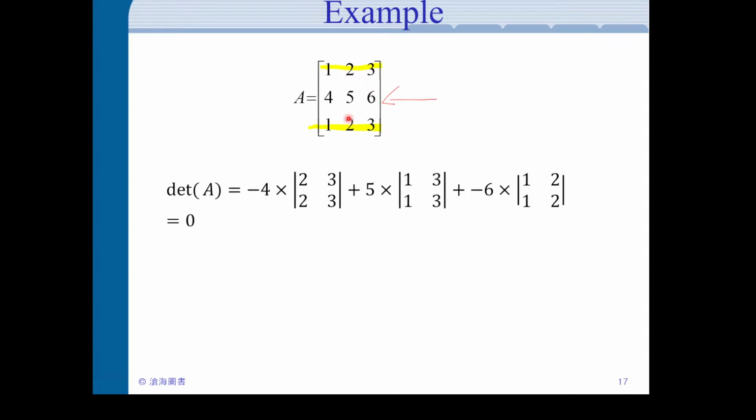But because you have 2 equal rows in here, the determinant of the submatrix will also have 2 rows being the same. So you have 2, 3 being the same here, 1, 3 being the same here, 1, 2 being the same here. So you can reduce to n minus 1 by n minus 1. And here we have a 3 by 3, so we reduce to 2 by 2, then that's the base case. We see in the base case those determinants are 0, and then because the cofactors are 0, your determinant is 0.